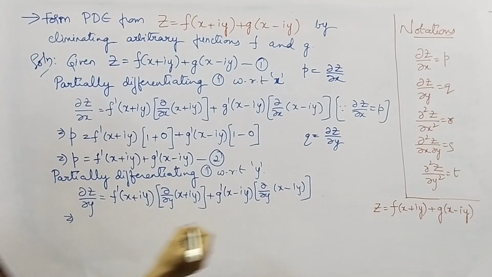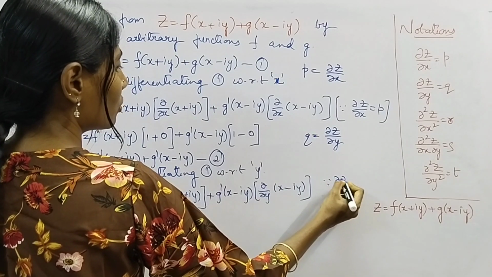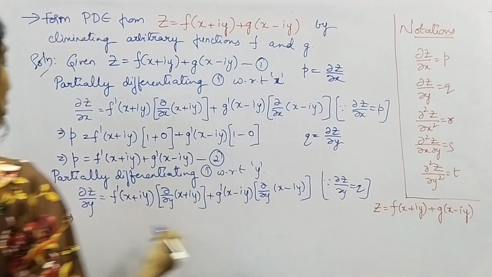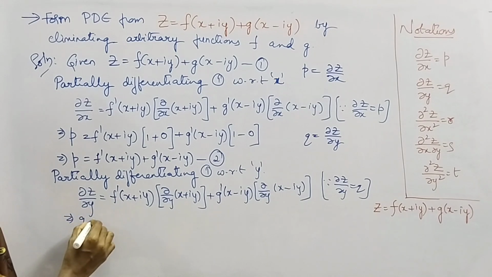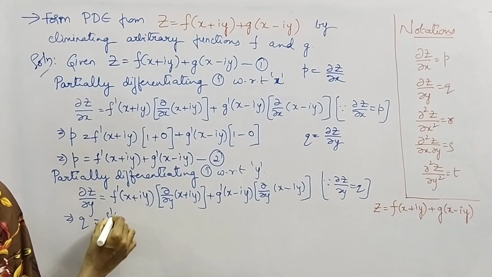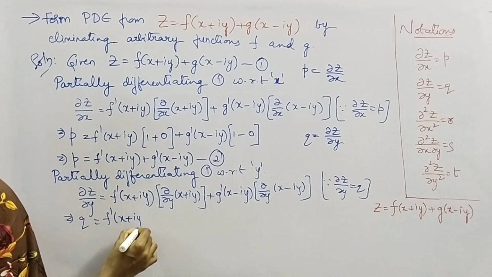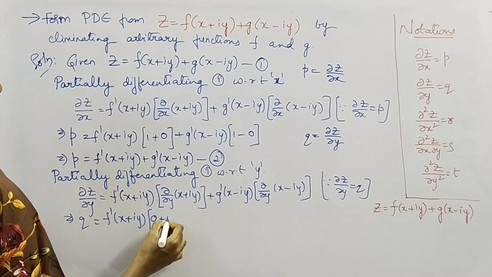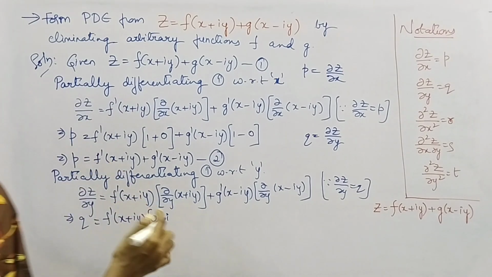Since we have a notation, dou z by dou y equal to q, let's replace it by q. We'll get q equal to f dash of x plus iy into partial derivative of x with respect to y is 0 plus i, treat i as constant, okay?